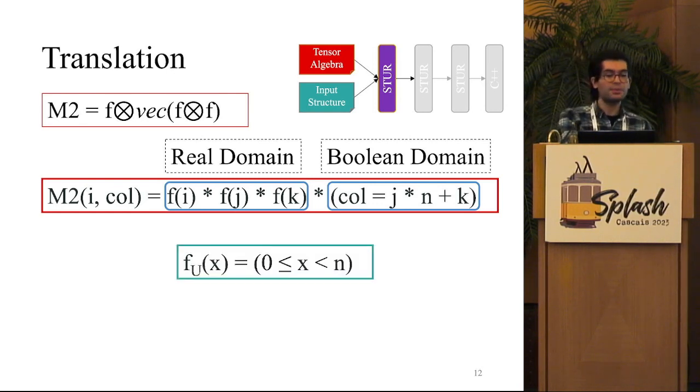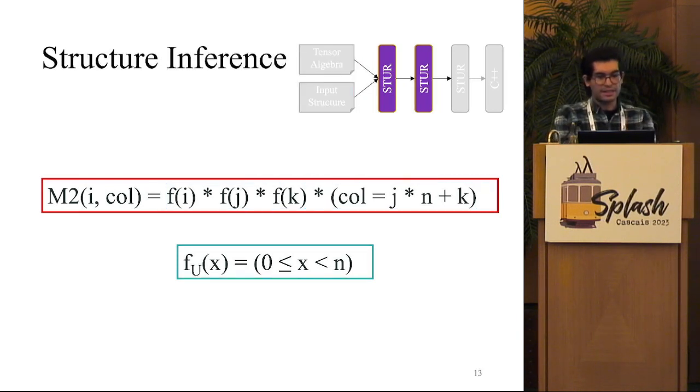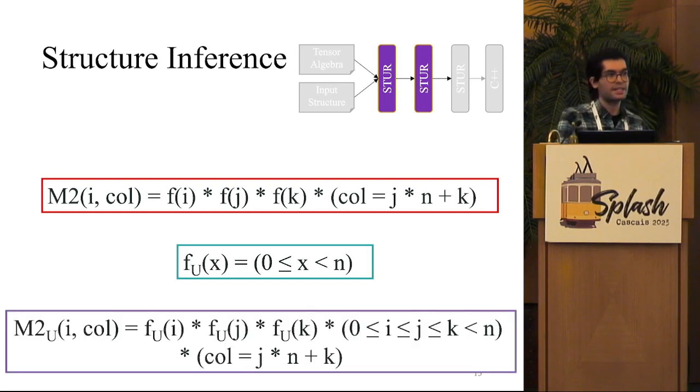And the second input that we have is the structure. So the structure of vector f here is x between 0 and n, and we take that as input. And now we want to do structure inference. What our structure inference rule says is that if we have a self-outer product of a vector by itself 3 times, we just restrict the area.